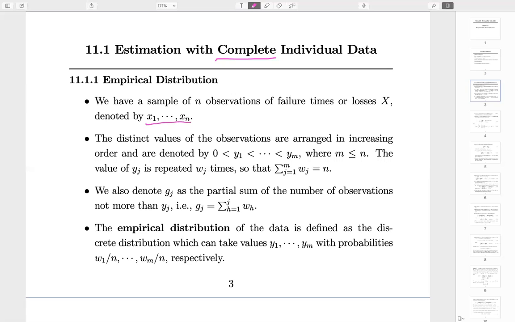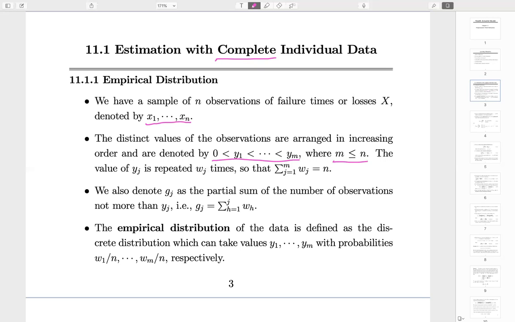Anyway, we use small x to denote each observation. Since there are n observations, it goes from x1 to xn. Just as what we already did in chapter 10, we would like to introduce the distinct values of all the n observations, and we use y. Since we may have observations with the same value, the number of y's may be less than or equal to n.